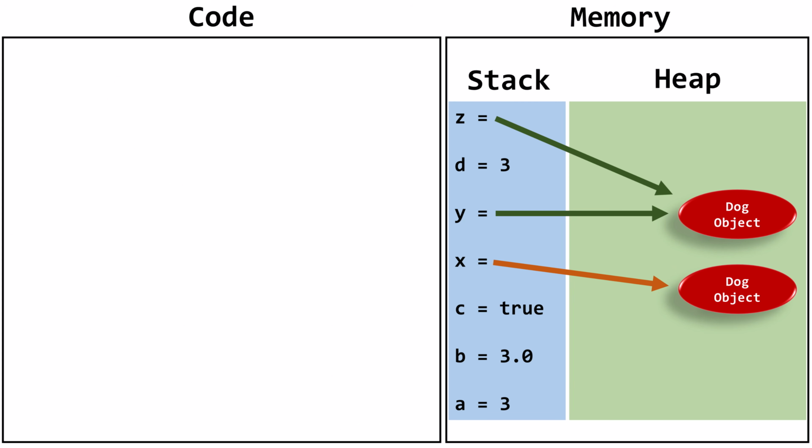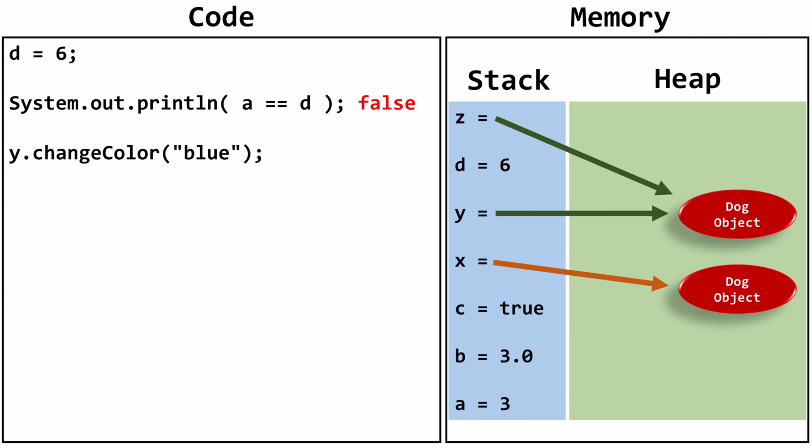Let's look at some other situations. Suppose we change the value of the primitive d to 6. It's fairly straightforward to see what happened. And now, if we use the equality operator to compare a and d, it would evaluate to false. Now, with object types, there's 2 types of changes we need to consider. First, we can instruct the object that y is pointing at to change to blue. For now, don't worry about how we did that, just accept that it happened.